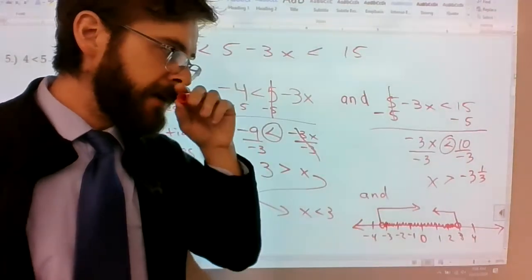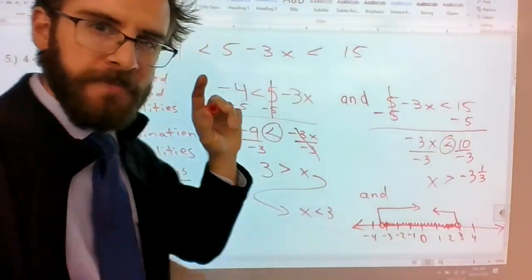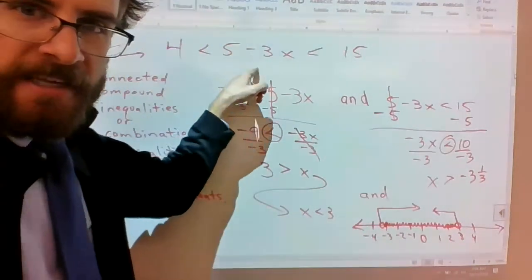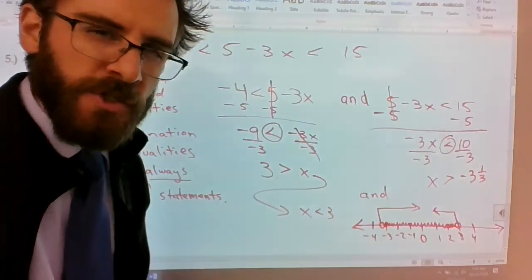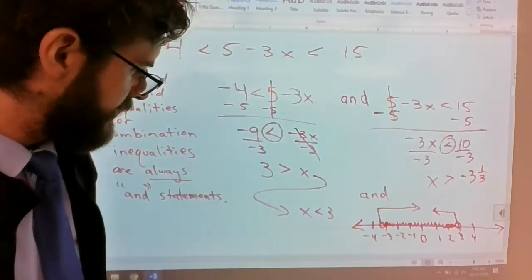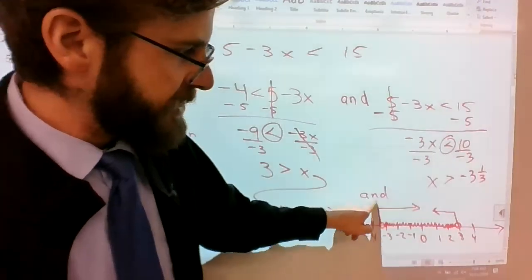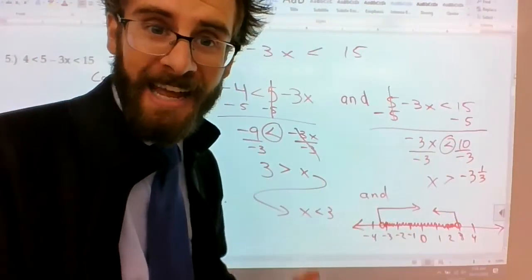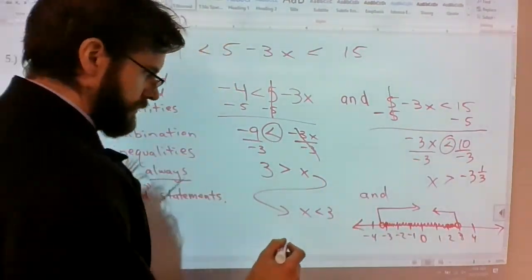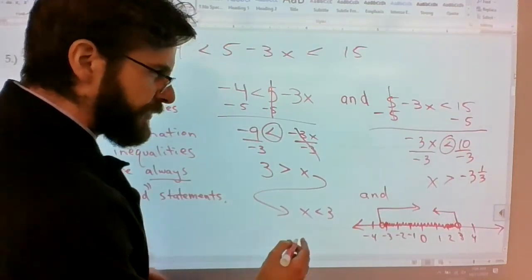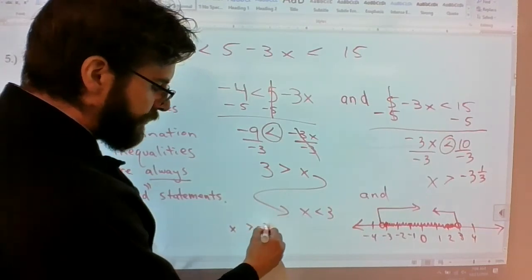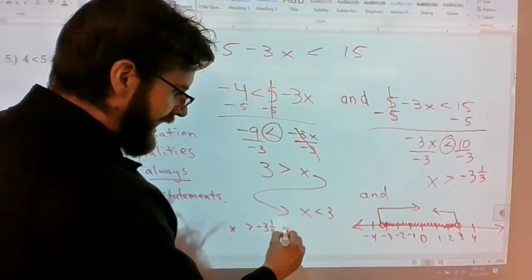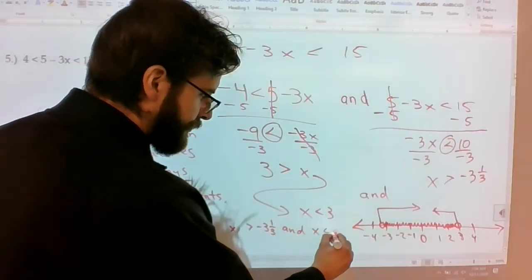Now, here's the interesting thing. A lot of times when it's connected at the beginning, they want you to write it as connected at the end. So what does the solution look like if it's split up, but you would want to connect them? So here's what I'm going to do. I'm going to say x is greater than negative 3 1/3, and x is less than 3.